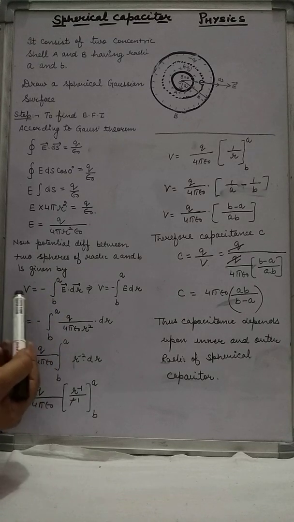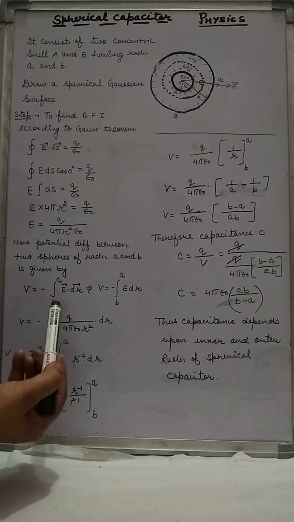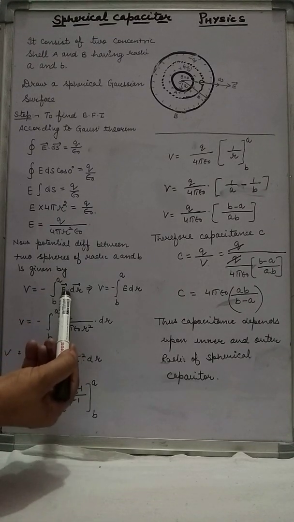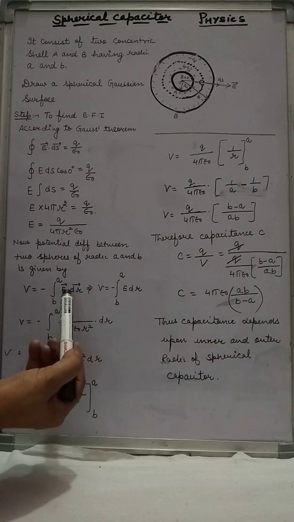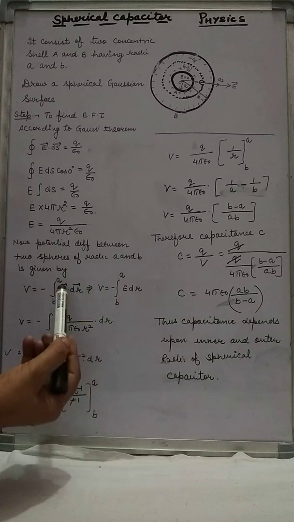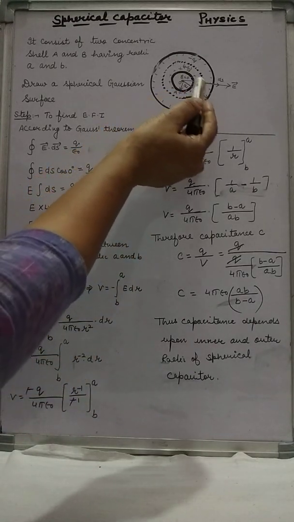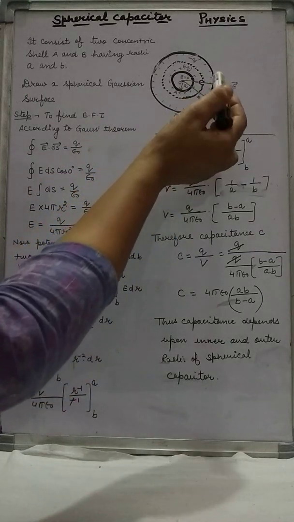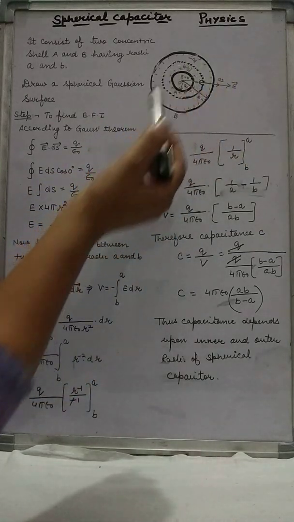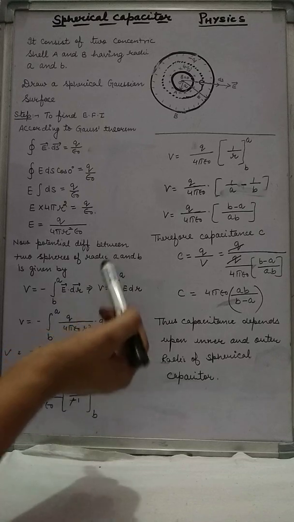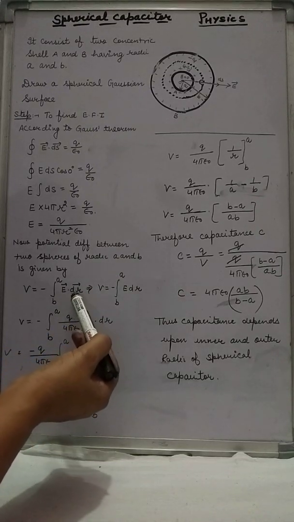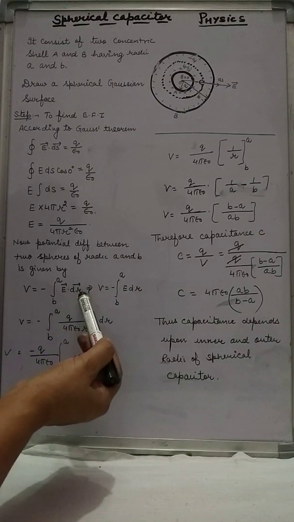Therefore V is equal to minus integral from B to A of E dot dr. Now E dot dr means E dr cos of the angle between E and dr, where dr means a small distance in this direction. So the angle between E and dr is 0, so cos 0, E dr cos 0.